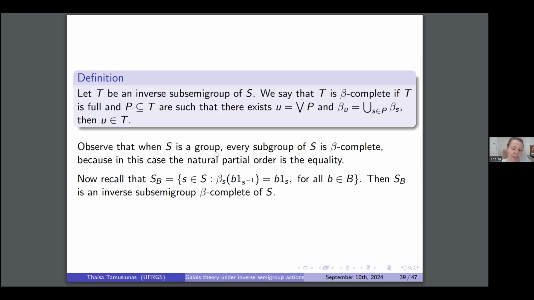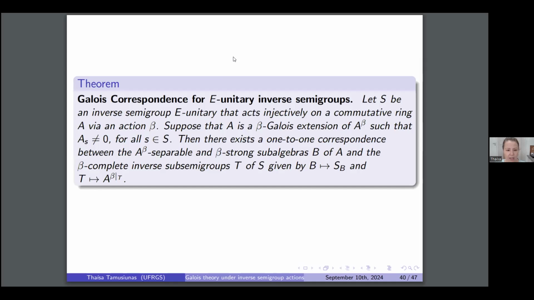And when S is in particular a group, every subgroup is beta complete. The partial order here is the equality. And with this information, I can state the Galois correspondence for E-unitary inverse semigroups.